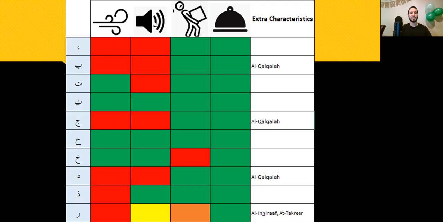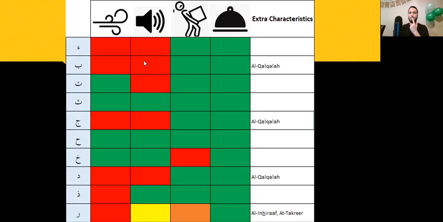Okay. The second characteristic was ash-shidda versus al-rakhawa. So it's about sound. We said if the sound actually keeps traveling, or if it stops, it's choked. So if the sound keeps going, the box is gonna be green. If it's choked, it's gonna be red. Again, for example, ba, you say ab.